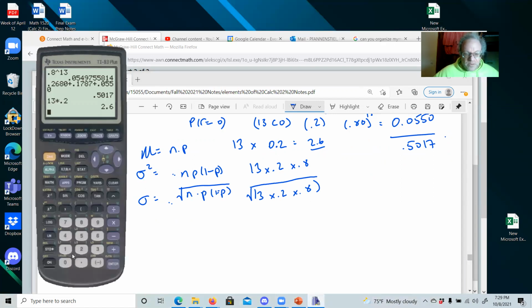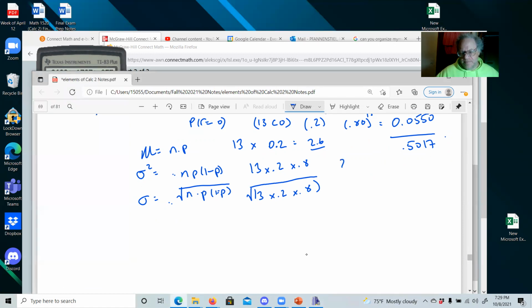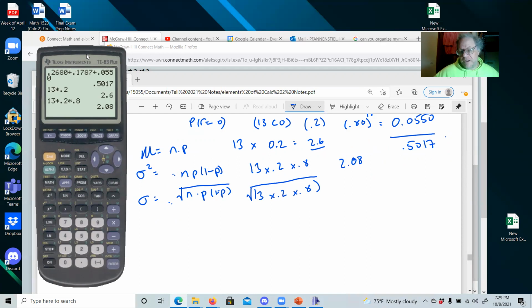So here we go. So this is 13 times 0.2 times 0.8 equals 2.08. Right? I'm not going to ask this. The homework asks it enough times. Okay, so we're just going to take the square root of our previous answer, equals 1.4422.